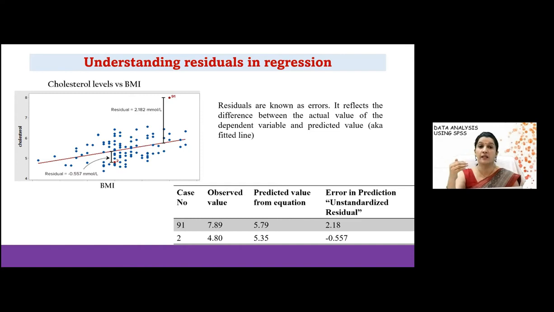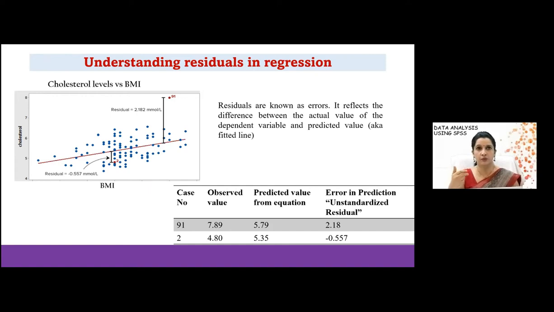That's why we accept residuals if the value is within 3 standard deviations, 2 standard deviations, or 2.5 standard deviations. The cutoff depends; we will see in the commands that the cutoffs are different and we can change them. Based on this, the outlier is defined.